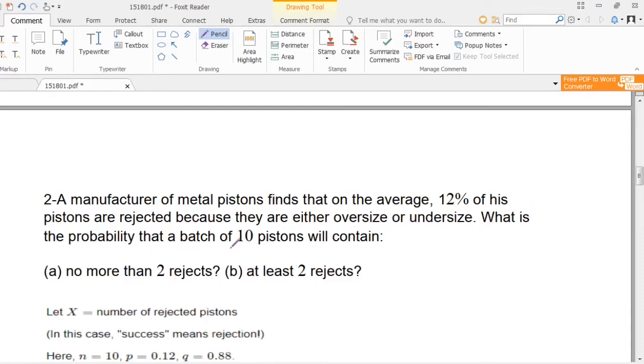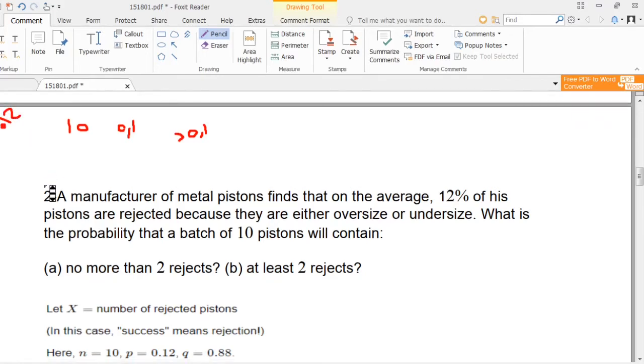What is the probability that a batch of 10 pistons will contain no more than 2, which means 0, 1 and 2, and at least 2, so anything bigger than 0 and 1? So we have 12%.